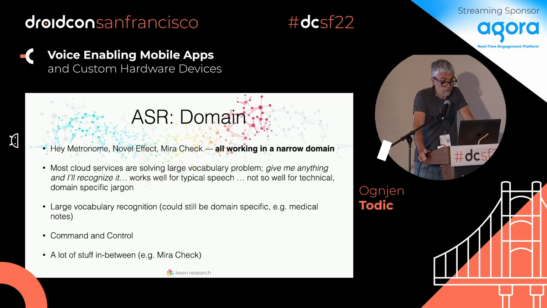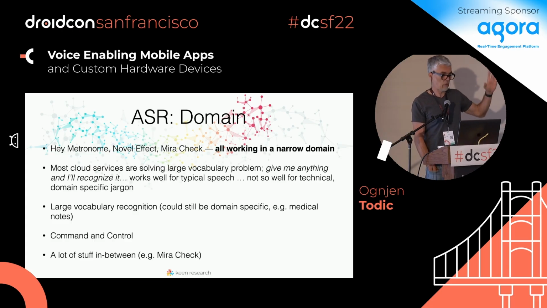Another interesting thing for speech recognition and other blocks or subsystems in that diagram is the domain. If you think about those examples that I've shown you, hey, metronome, novel effect, mirror check, all of them are working in a narrow domain. And those domains are different, right?